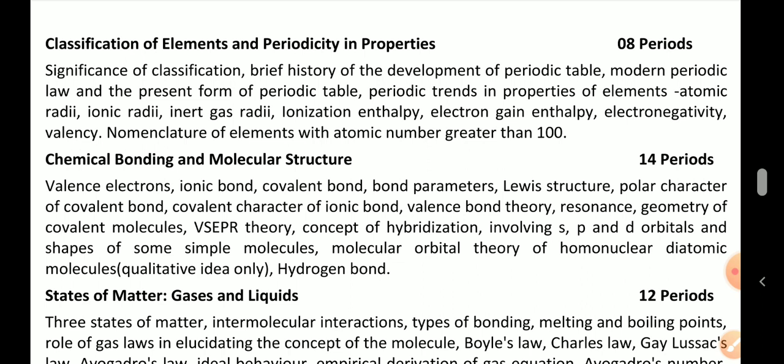If you understand this chapter, you will understand the base of the periodic table, how the periodic table is formed, and what the concept behind it is. And if you understand this chapter, then it will be easy for you to guess the properties of the elements.